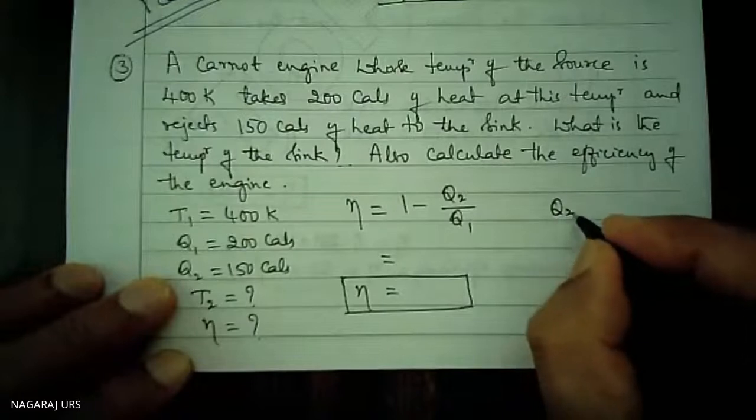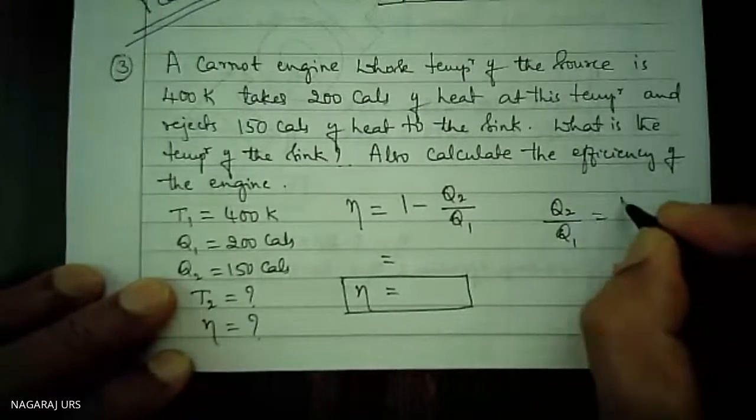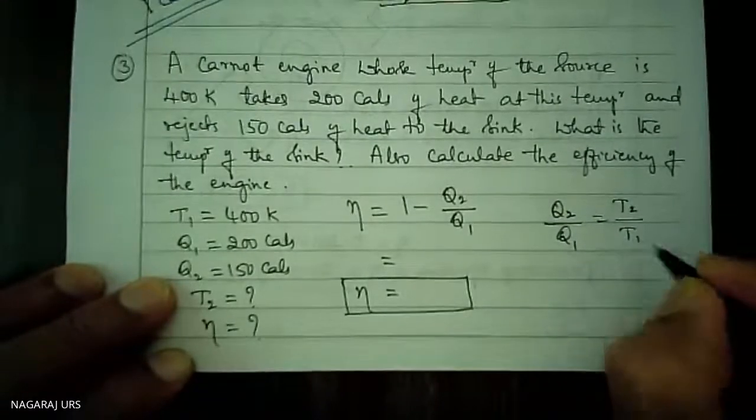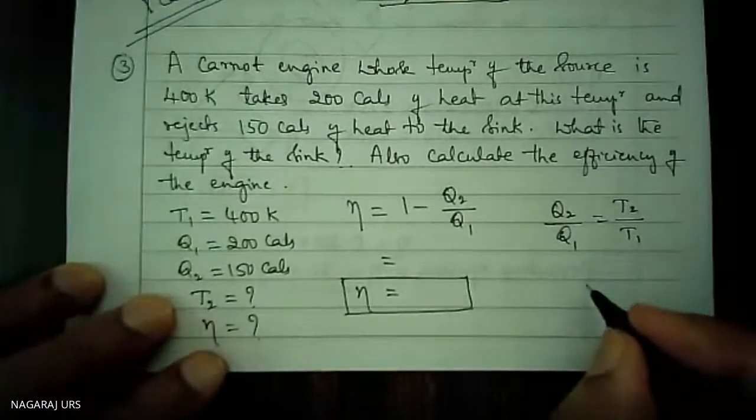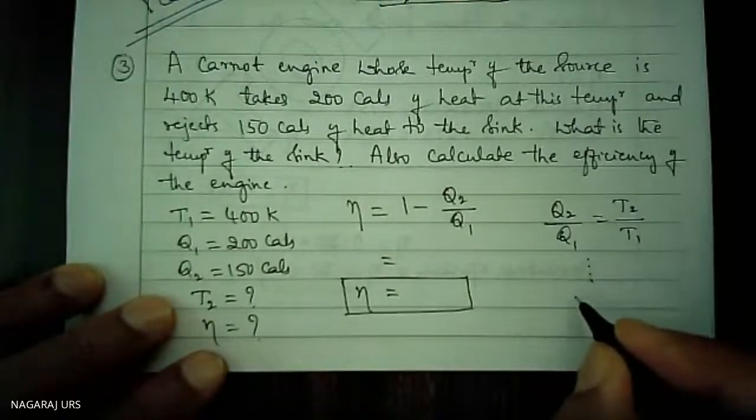Q2 divided by Q1 is equal to T2 divided by T1. Using this, you calculate the value of T2.